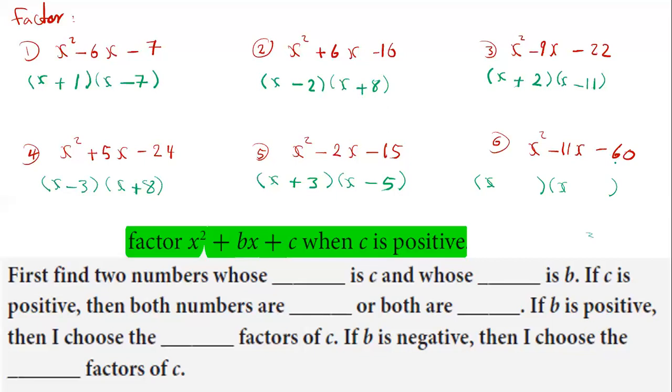I have 2 times 30, but the difference will not be 11. I have also 3 times 20, but the difference will not be 11. 4 times 15 is 60, and 15 minus 4 is 11. 15 is the greatest, so it takes the sign of the midterm, minus, and the other is different.